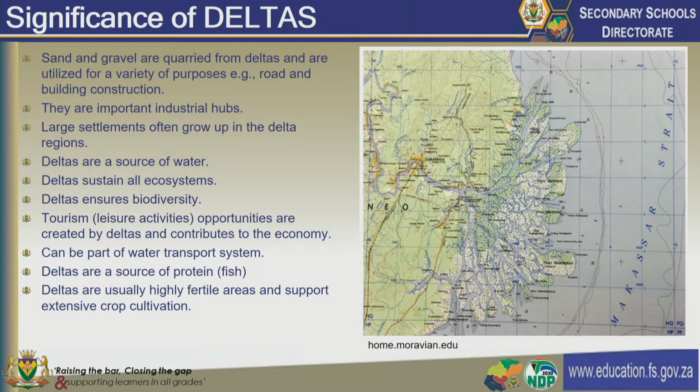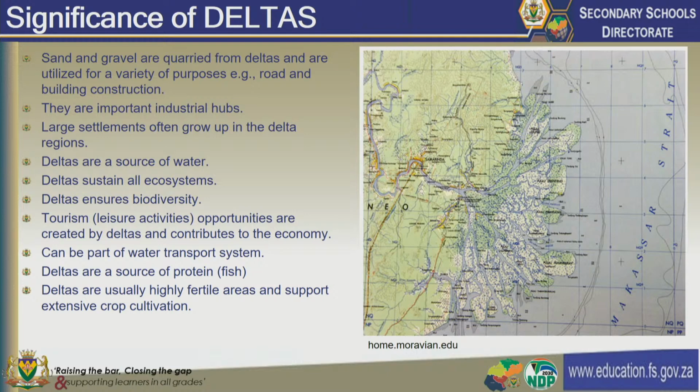I think you'd notice with all the landforms that we have discussed, we have always mentioned tourist attraction and recreation. So don't forget that in almost all the landforms, because they are very beautiful features, and they provide nice scenery. So people would go and want to see all these landforms that we have been discussing.